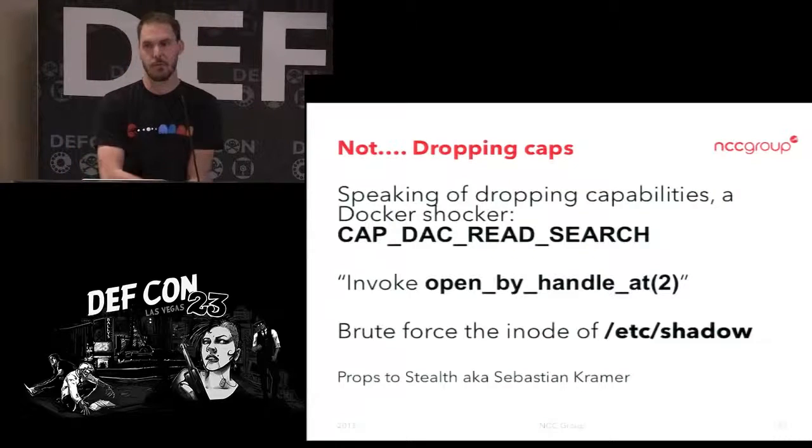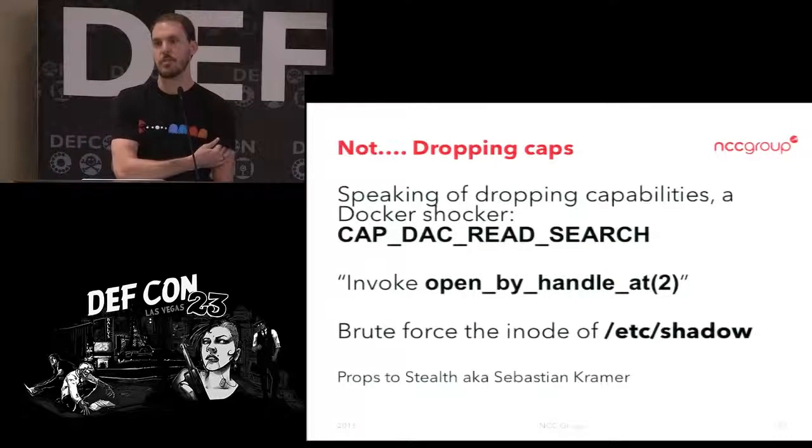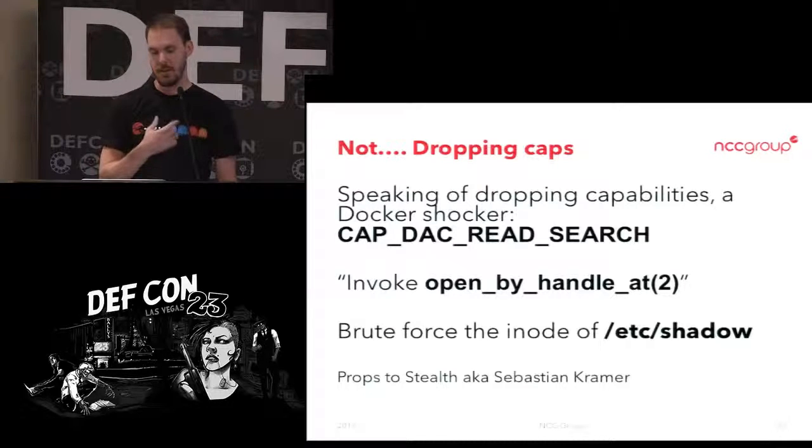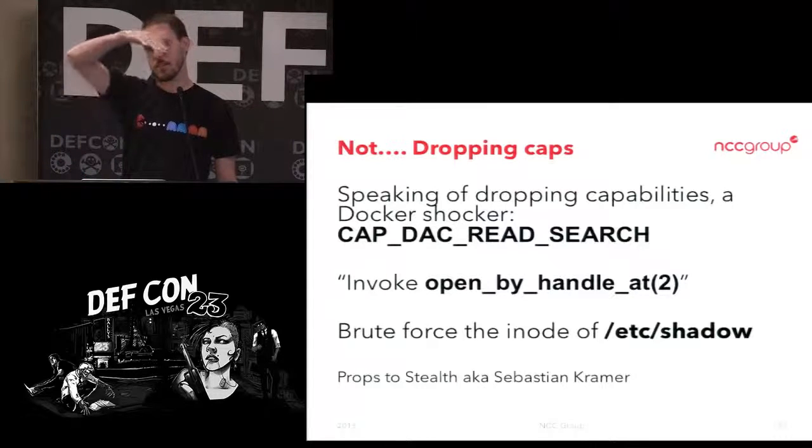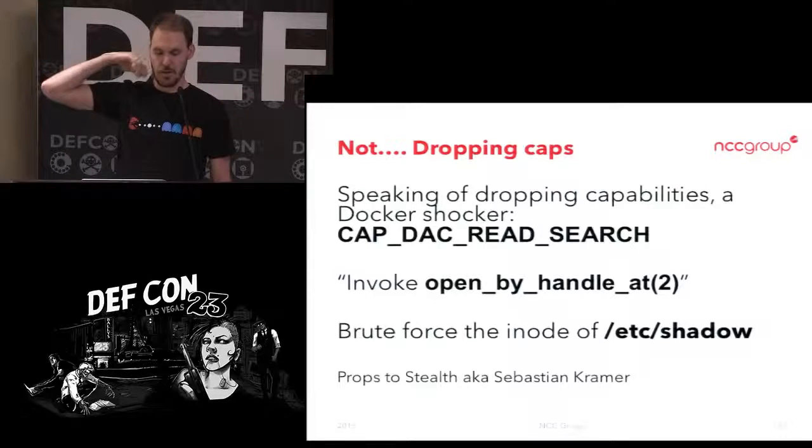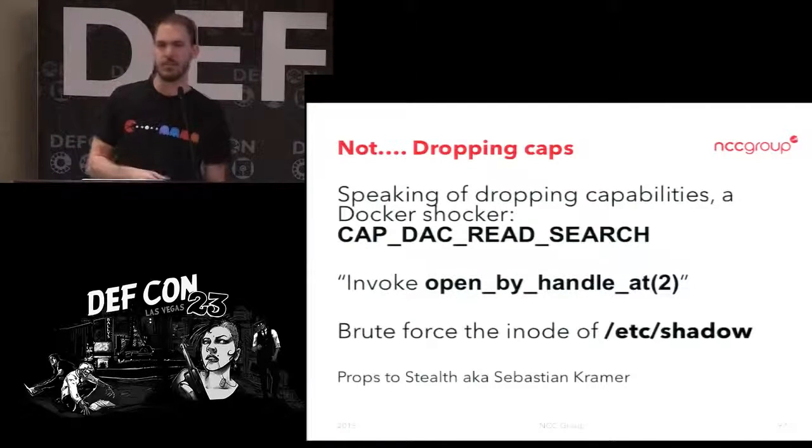But speaking of dropping capabilities, Docker was really stung by this. They kept around for a long time the CAP_DAC_READ_SEARCH capability. And if you read the man page, and maybe this is what they did, it says something like, you can read some files related to permissions. You can also invoke open_by_handle_at, which is a syscall that doesn't really have a ton of documentation.